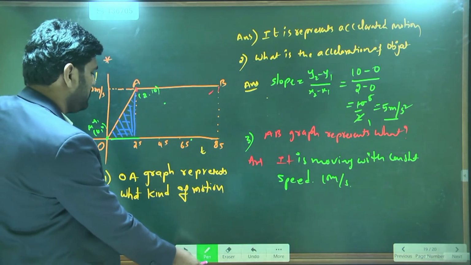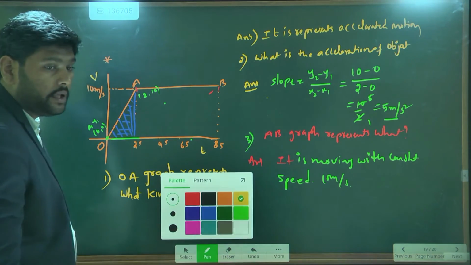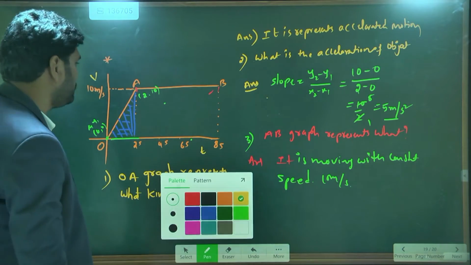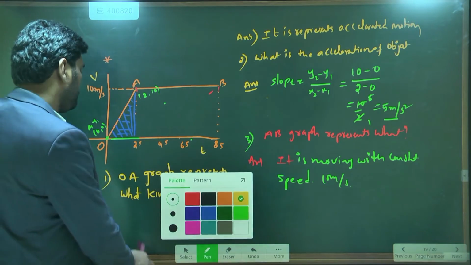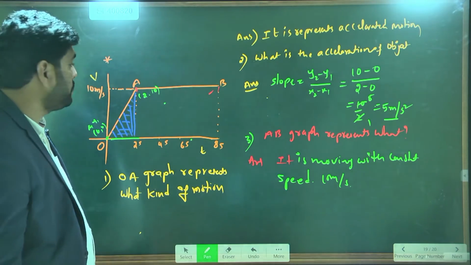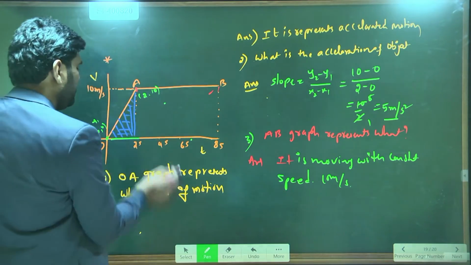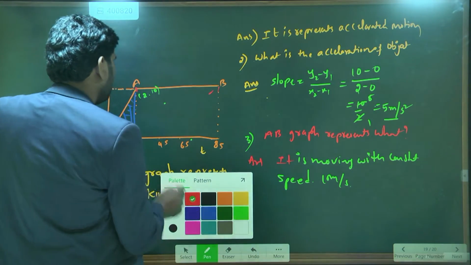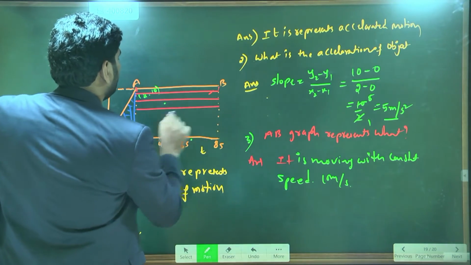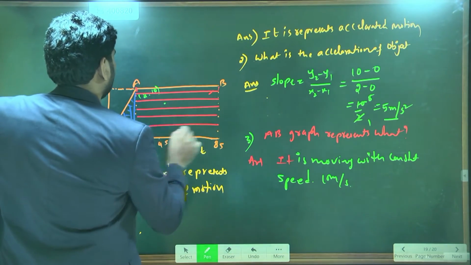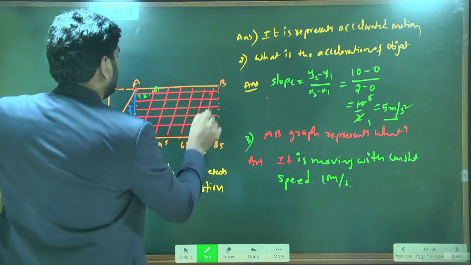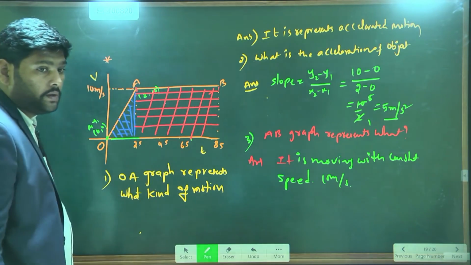What other triangle? OAB. To find the total distance, you should consider the total area. This part of the area also needs to be considered. Understand? Not only 2 seconds, we are not considering only one triangle.